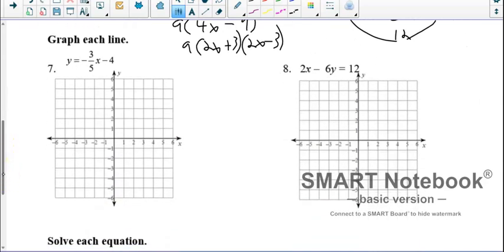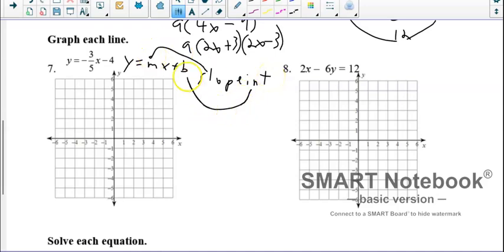Moving on. So this is y equals mx plus b form, also known as slope-intercept. Mathematicians not that creative. That's the slope, that's the y-intercept. The y-intercept is negative 4.